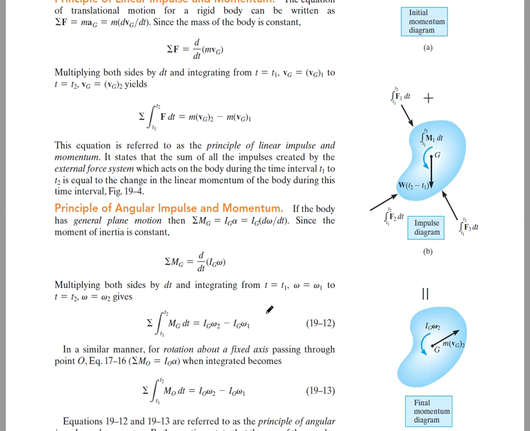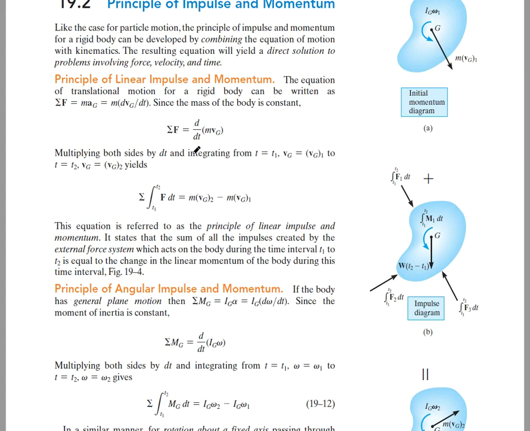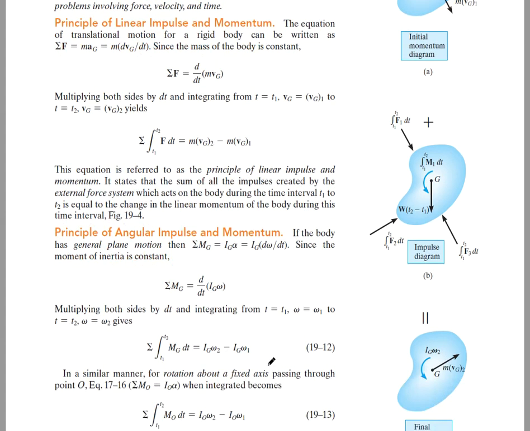So in that case, we can write that the sum of the moments about the centroid is going to be the time rate of change of the angular momentum. Same as we had earlier, the sum of forces is the time rate of change of linear momentum. This is Newton's second law, and it's actually the way Newton originally formulated it in the 17th century.